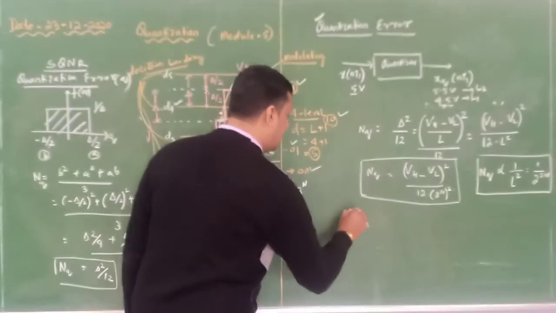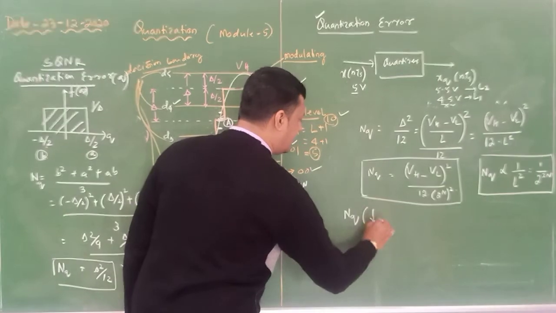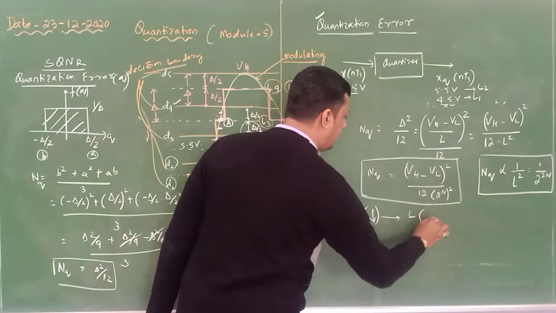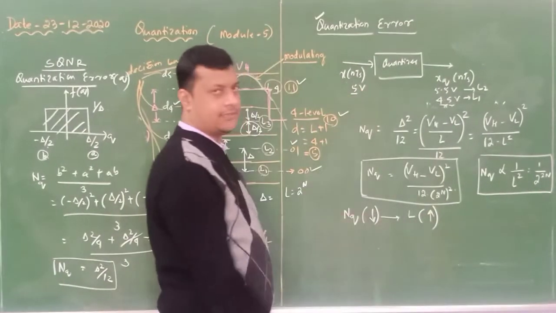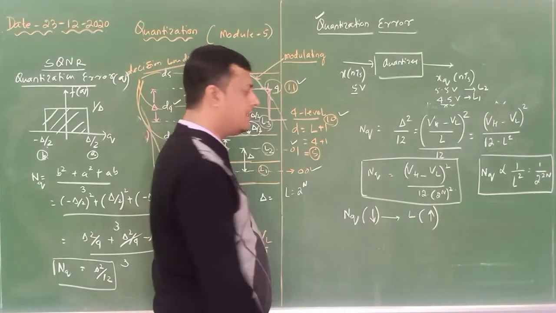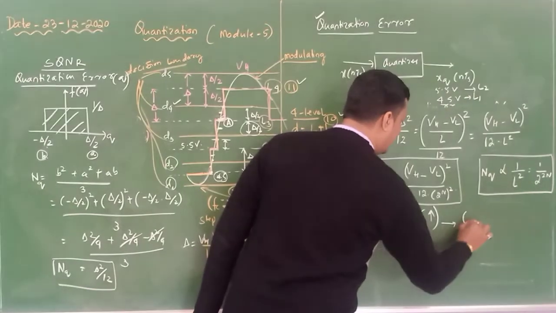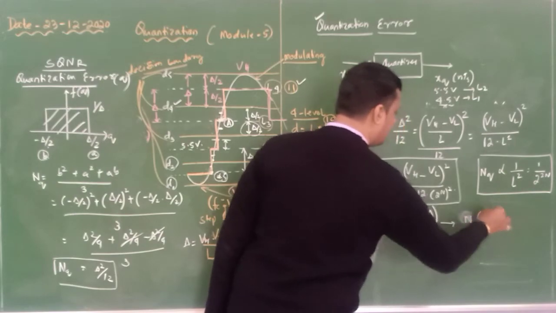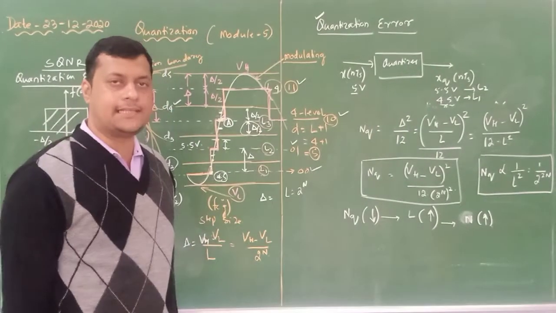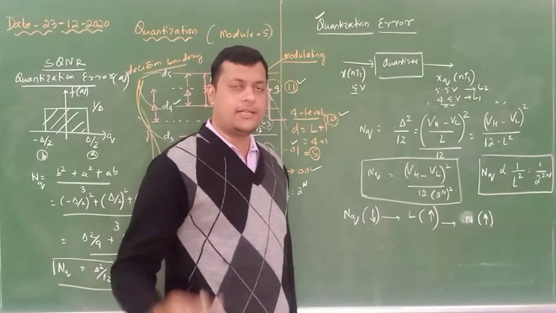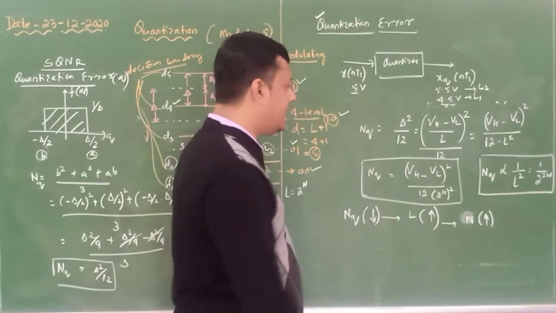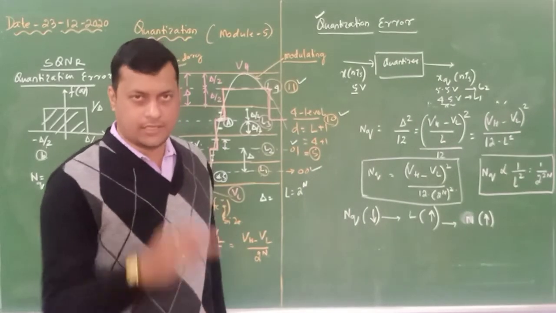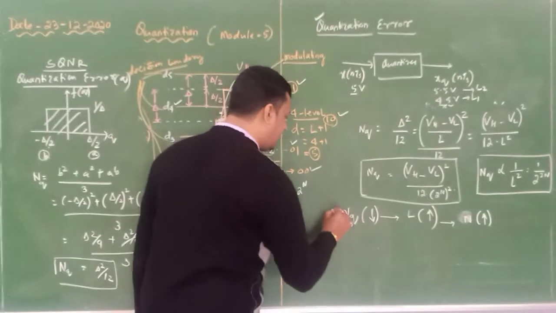So here I can conclude that quantization noise power decreases if the number of levels increases, because it is inversely proportional. Similarly, if the number of binary bits increases, your number of levels is automatically going to increase, and if the number of levels is increased, your quantization noise power is going to decrease. It is the first case.